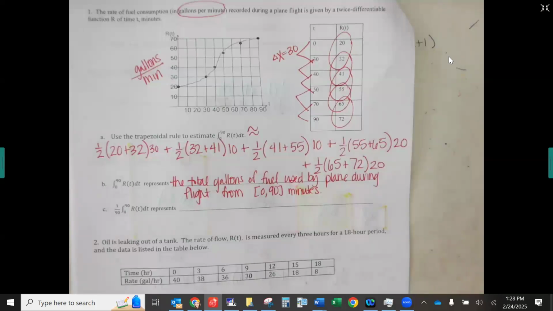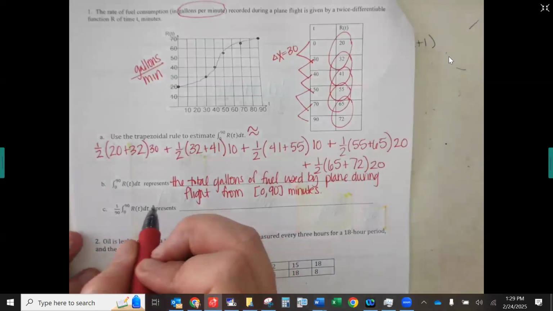If I divide that by 90 in the front, that would be the average fuel consumption back in gallons per minute. Think about if that makes sense. I'd take how much fuel they use, divide it by how long they were in flight. That would be their average gallons per minute.